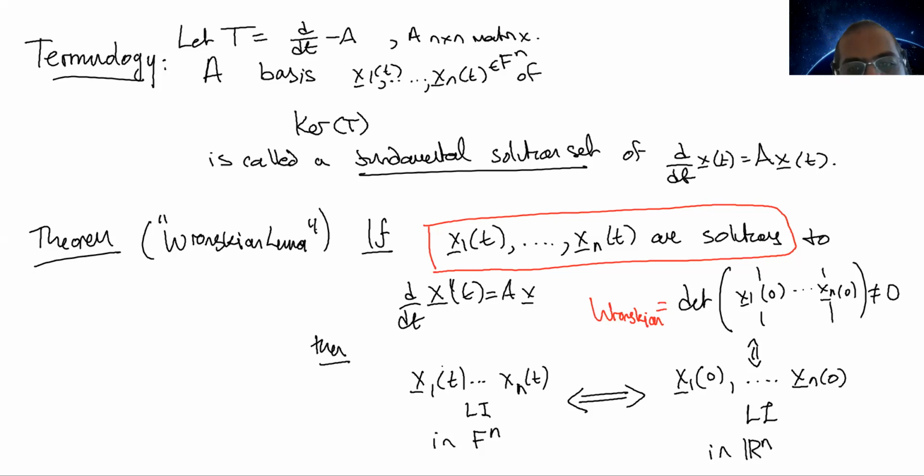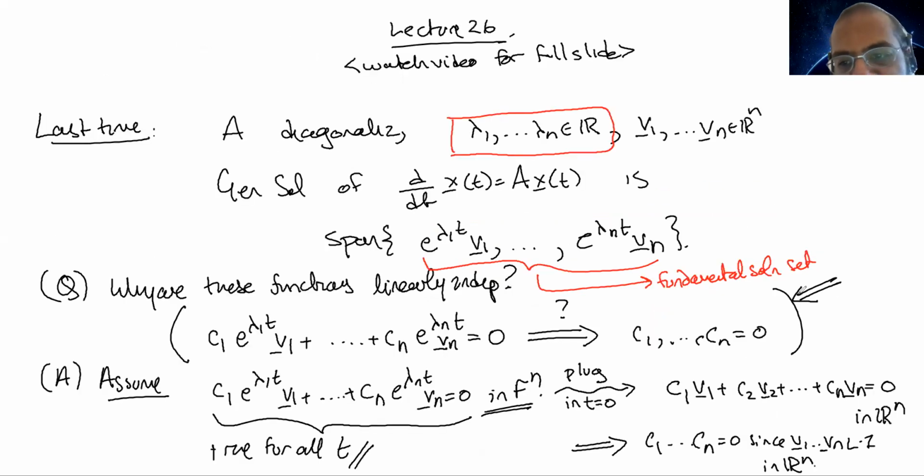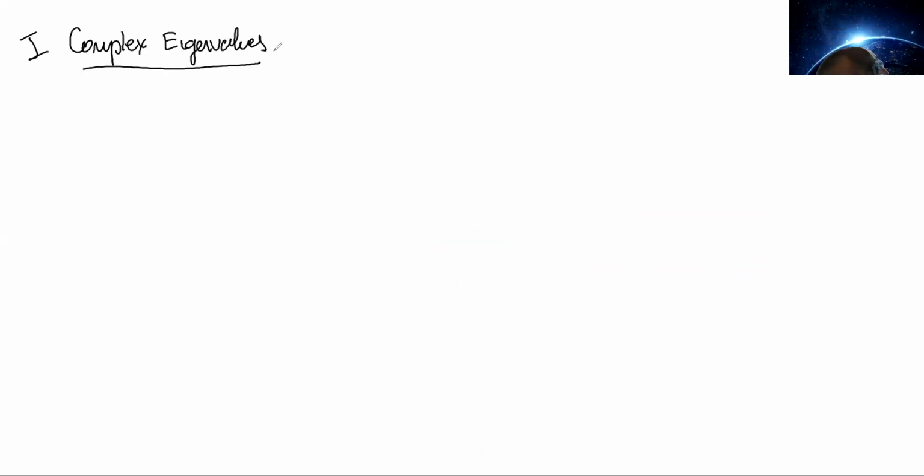Okay, so now what I'm going to address is what happens if you have complex eigenvalues. I'll start by talking about a particular example, and then I'll prove the general theorem as I've been doing.